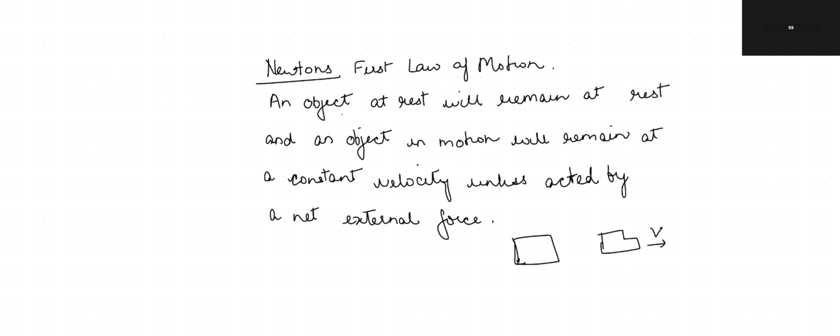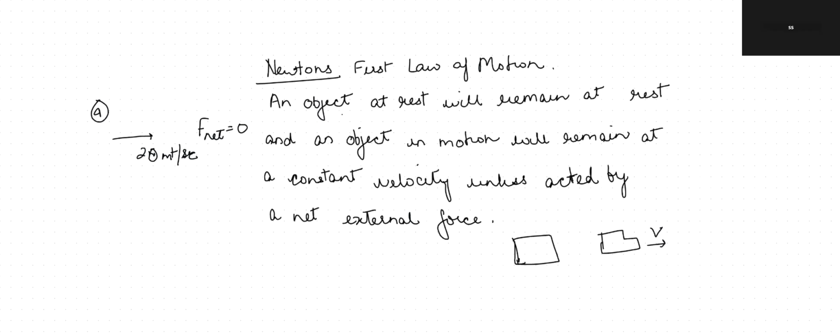Suppose in case A a bus is moving at a speed of 20 meters per second and keeps moving at the same speed in the same direction. Then the net external force is zero.